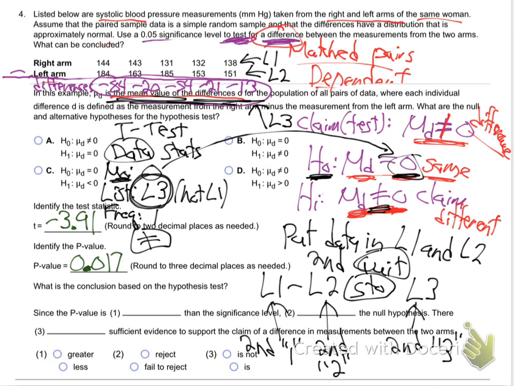What was my significance level on this one? Right there, 0.05. That p-value is certainly less than 0.05. That's a very low number. So when the P is low, the H0 must go away, right?